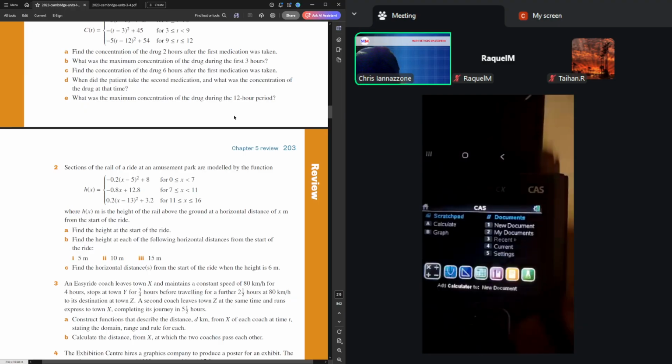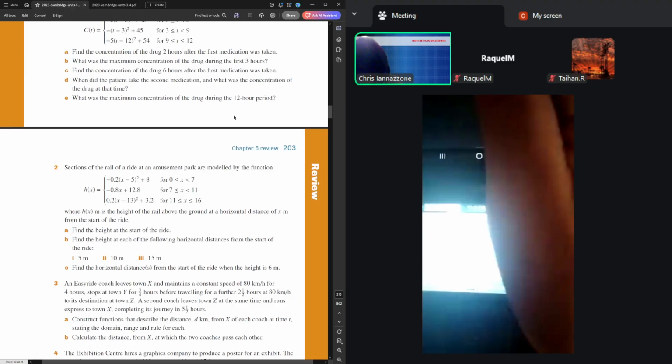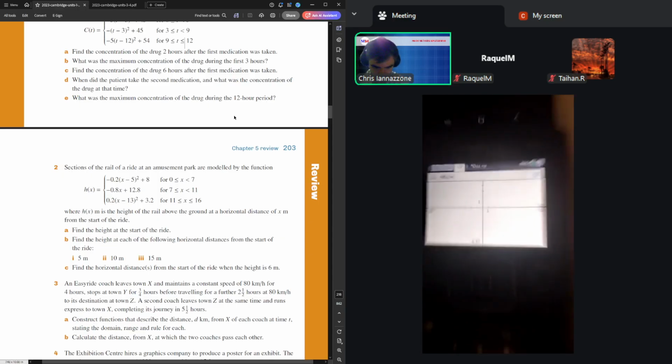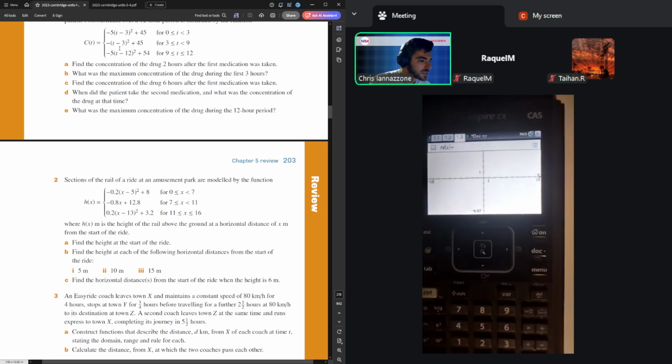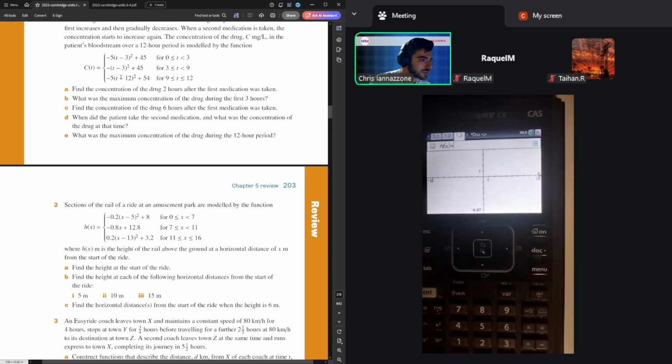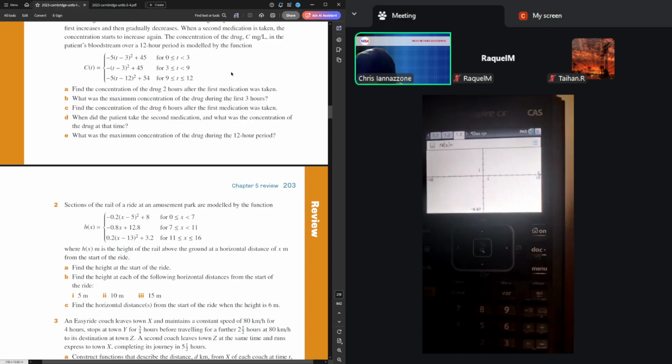This is what I mentioned before, when I was talking about the C of T, the first one we had a look at with the different horizontal translations across the different domains. We'll see at least a little bit of what I was discussing there.